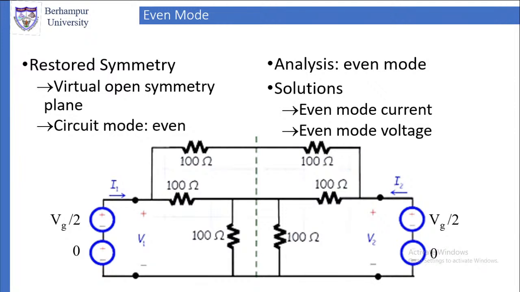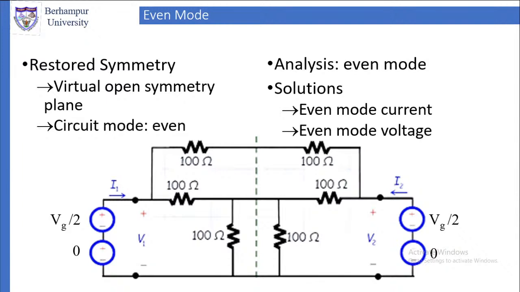From port 2, it is divided in the same manner. Now at the top line, the current coming from port 1, which is passing through the 100 ohm resistor, will be exactly the same as the current coming from port 2 and passing through the right hand side 100 ohm resistor.